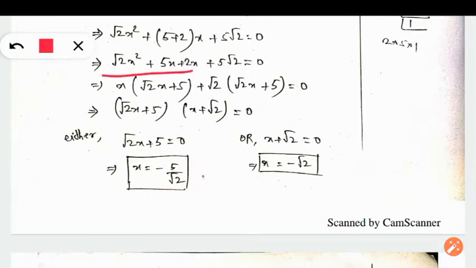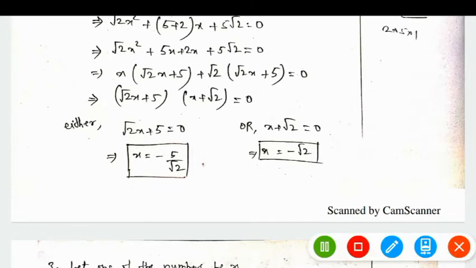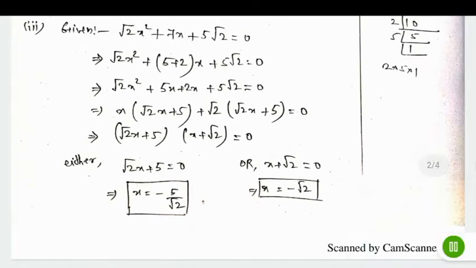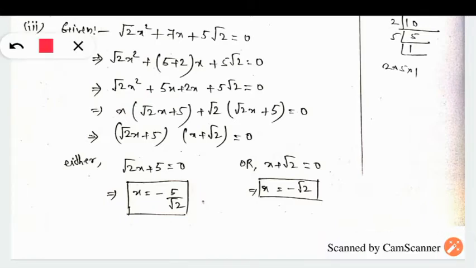So what is common from here? From these two, root 2x square plus 5x, what is common? I think x is common. So x is common. What is left? Root 2, and since x square is there, so 1x is left. And from 5x, x is common, so only 5 is left. Root 2x plus 5.